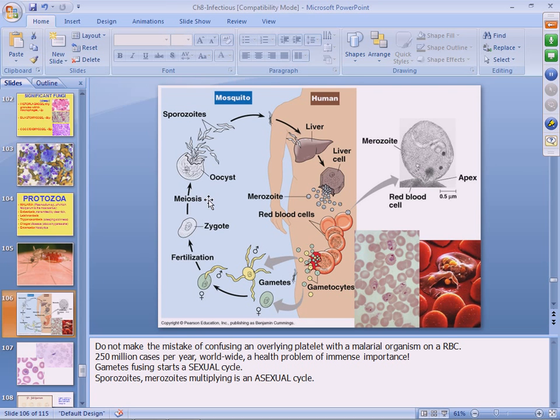The life cycle, like all of the parasites, is both asexual and sexual, and once the gametes join, that's the beginning of the sexual cycle. There's fertilization, and that largely takes place outside of the human body. The sexual cycle here is in the mosquito, because the mosquito will not only put the sporozoites into the human, but will also take out the gametes for development in his own body.